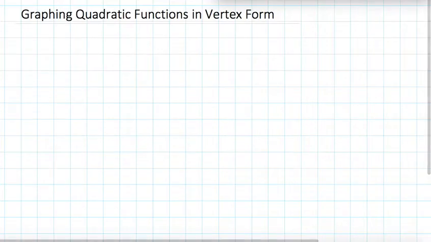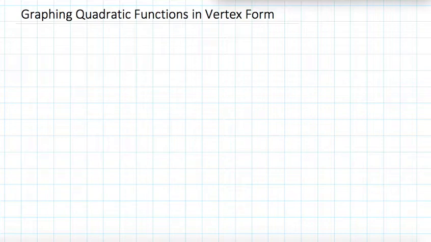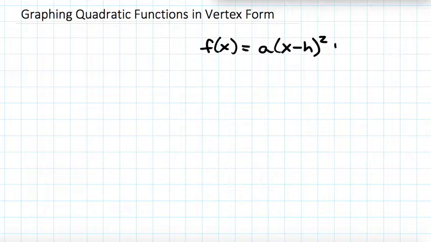So we're going to start by looking at how to graph quadratic functions when they're written in what's called vertex form. Vertex form is f of x equals a times x minus h squared plus k. The reason that this is called vertex form is that it's very easy to find the vertex in the equation.